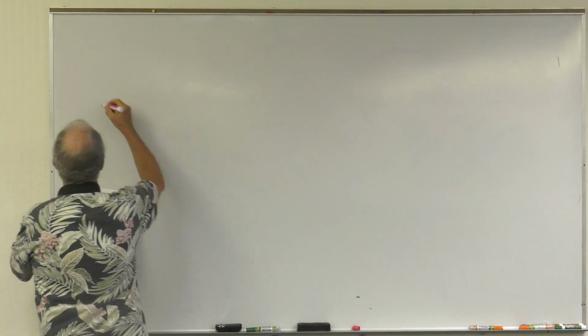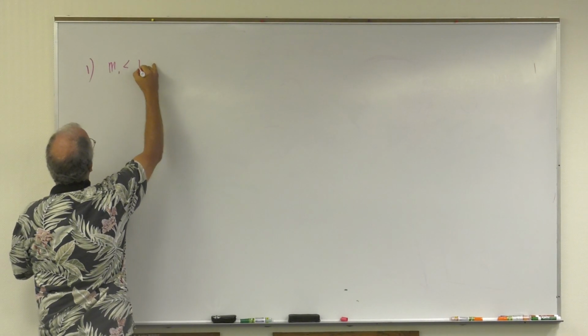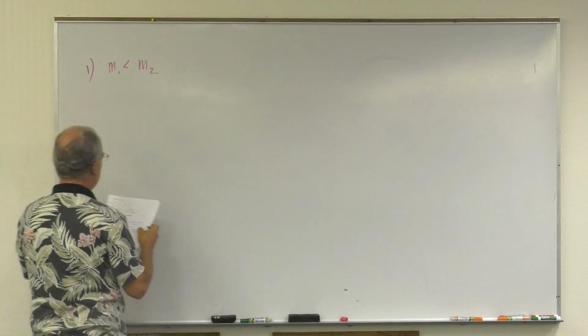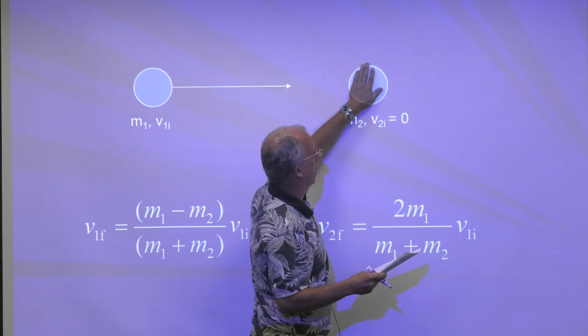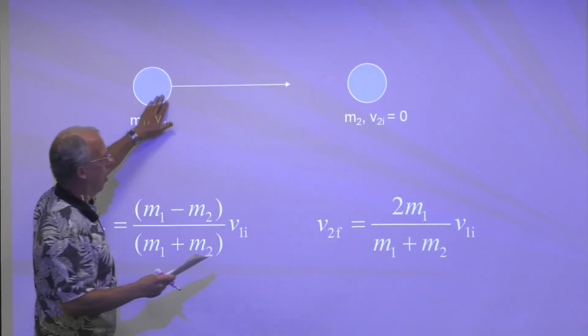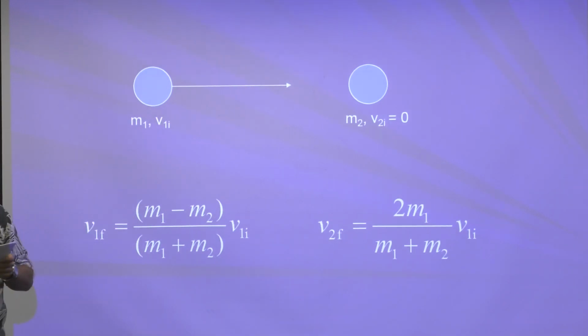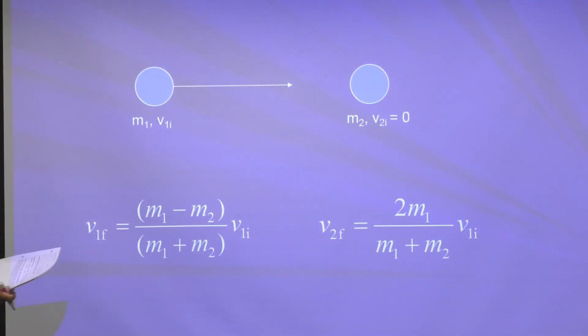Let's say that M1 is less than M2. Let's say this is a steel ball, and this is maybe a golf ball. Have you ever done this?